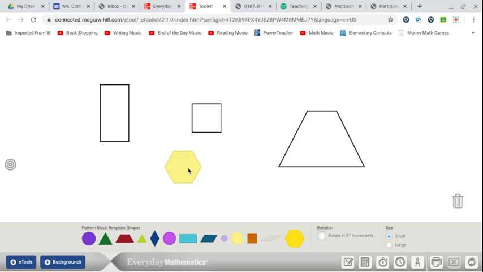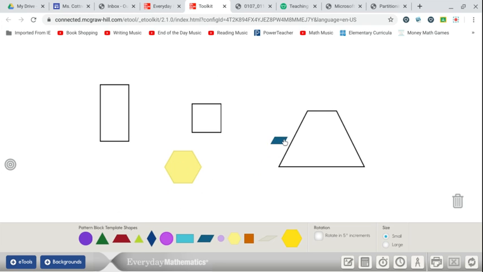This left top side and this right bottom side are parallel. This left bottom side and this top right side are parallel. They will never ever meet. They are set in a way where if they went on and on forever and ever, those pairs would never ever meet. This actually has 3 sets of parallel lines.